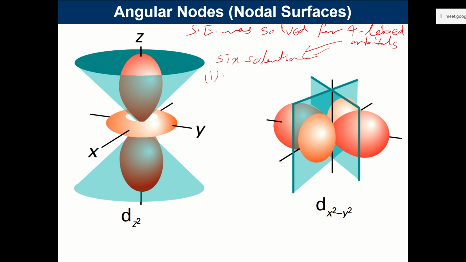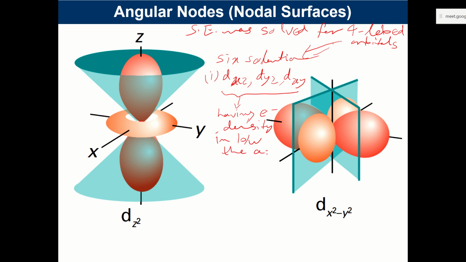One set, जो पहले हमने देखा, dxz, dyz and dxy, having electron densities, sorry, in between the axis, not along, in between the axis.